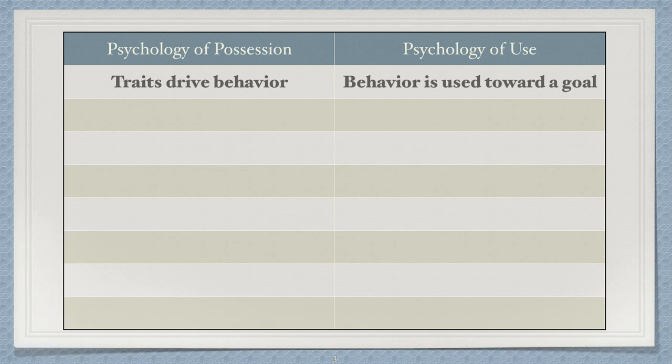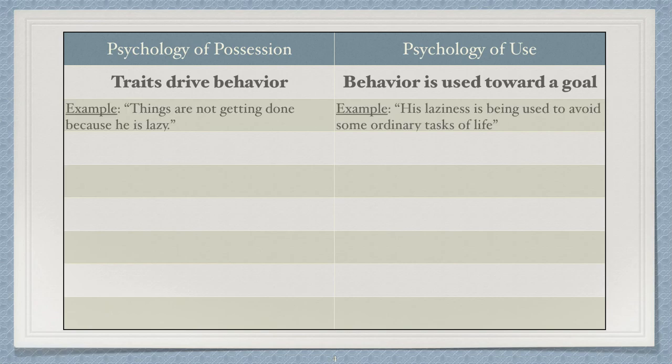The psychology of use, different in that behavior is used, behavior is chosen toward a goal, and even the goal is self-created. Example: things are not getting done because he is lazy.